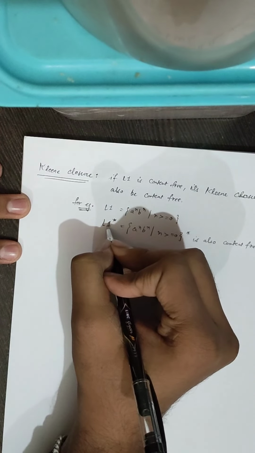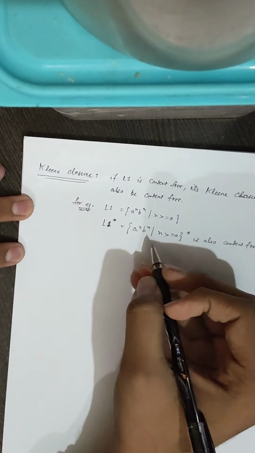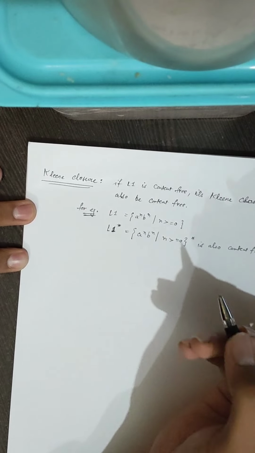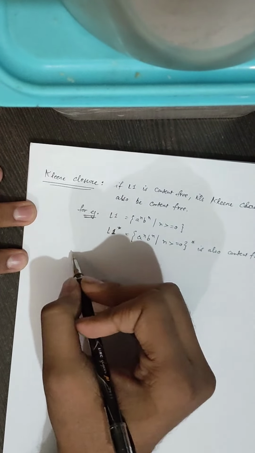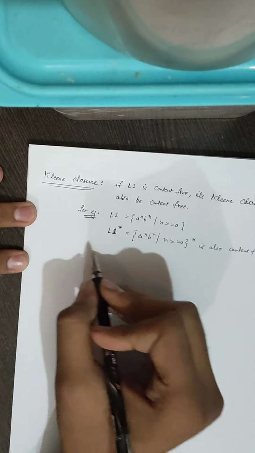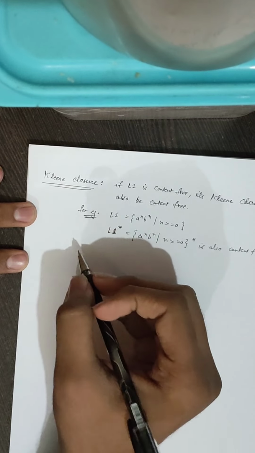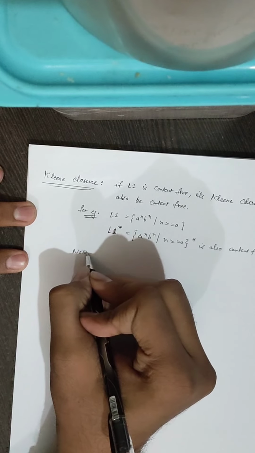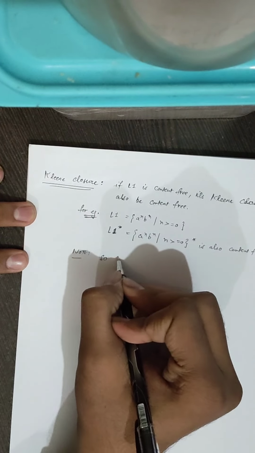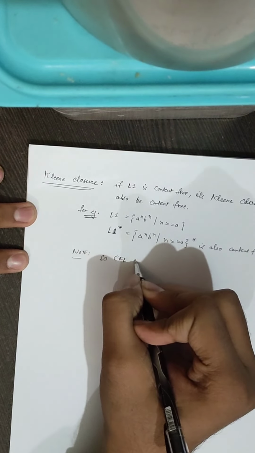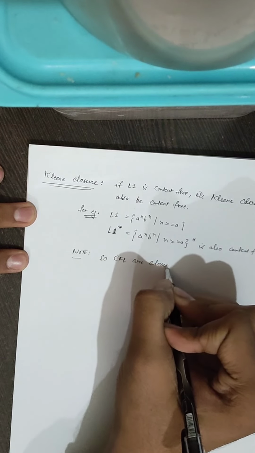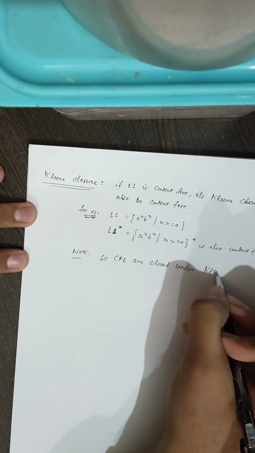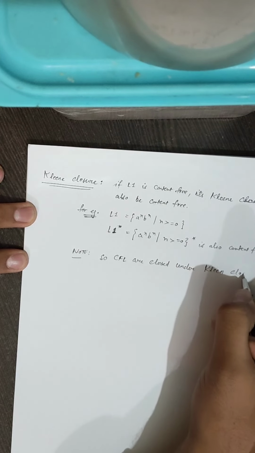Because any number of times you can take A's and B's, always the same number of A's and same number of B's. Note: CFLs are closed under Kleene closure.